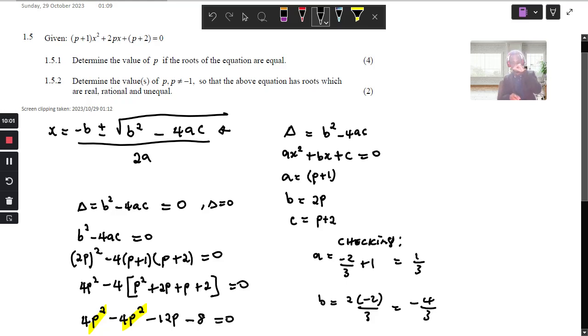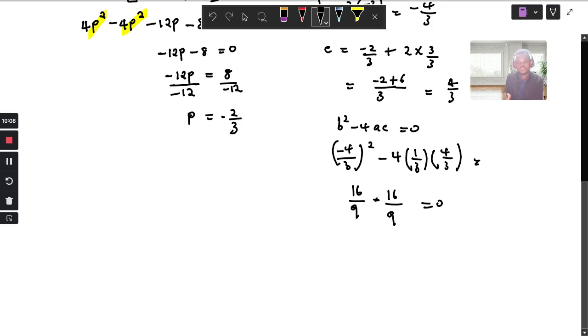Okay. So in this scenario, we go back to the definition of what is meant by real, rational, and unequal.